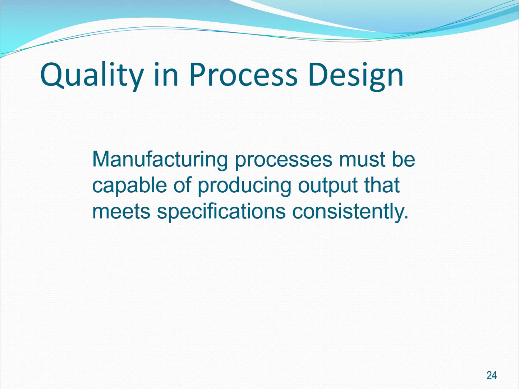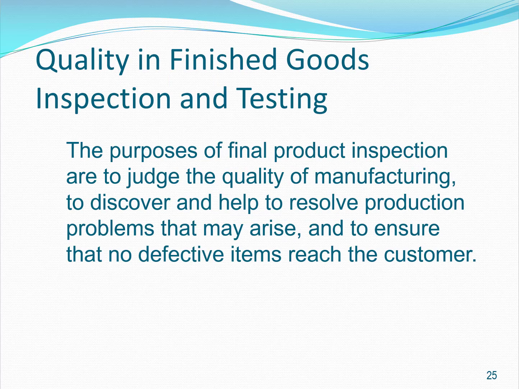Quality in process design. Manufacturing processes must be capable, so that capability studies that we studied before, so that we know that our process is performing well, and how our process is performing relative to specifications is also very important. And quality in finished goods, inspection and testing is important.